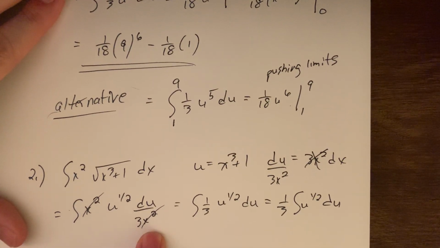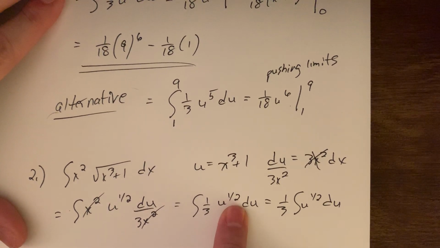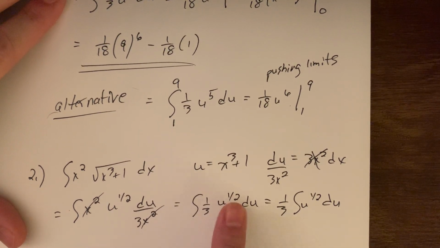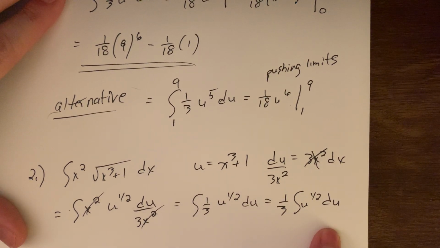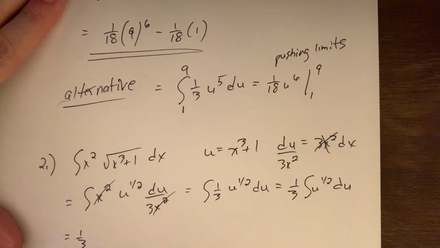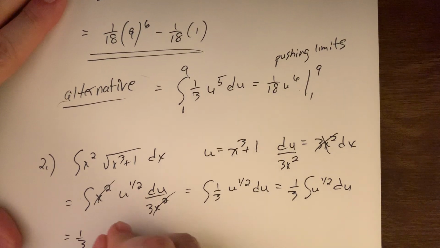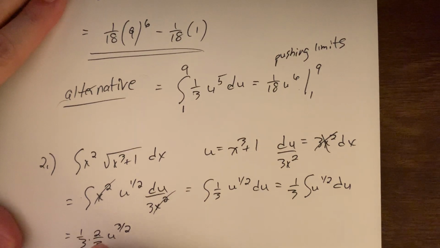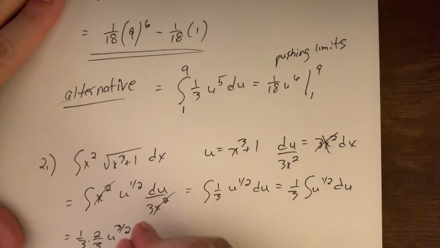All the x's canceled, and now if I hadn't already switched that square root into a fractional exponent, now would be the point that I have to. I've simplified the problem, and I'm still using a power rule to finish. 1/3 pushes along, new exponent is 3/2, so I'll get a 1 over 3/2, a 2/3 out in front.